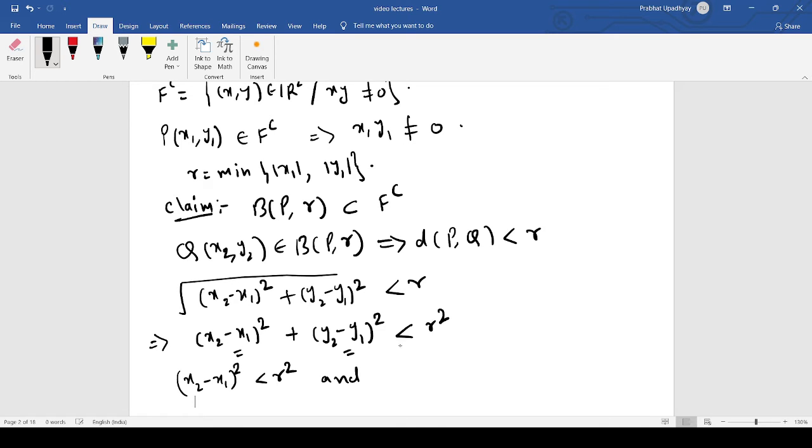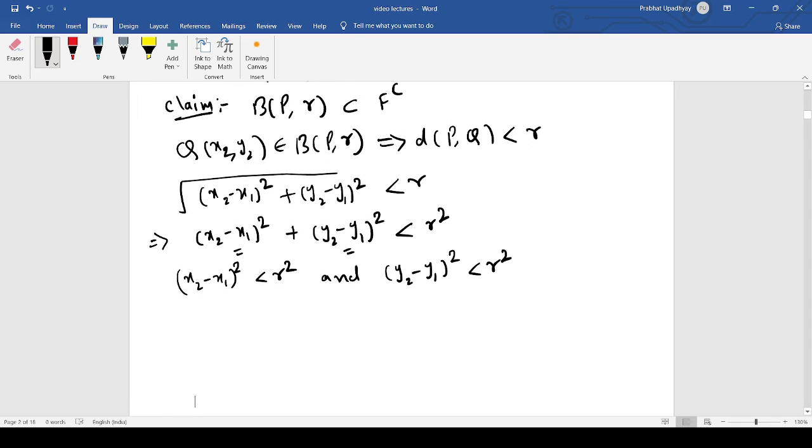So (x2 minus x1) square is less than r square and (y2 minus y1) square is less than r square. Now if you take the positive square root on both sides, you will have mod x2 minus x1 is less than r and mod y2 minus y1 is less than r. Remember, we want to show the product x2 y2 is not equal to 0.